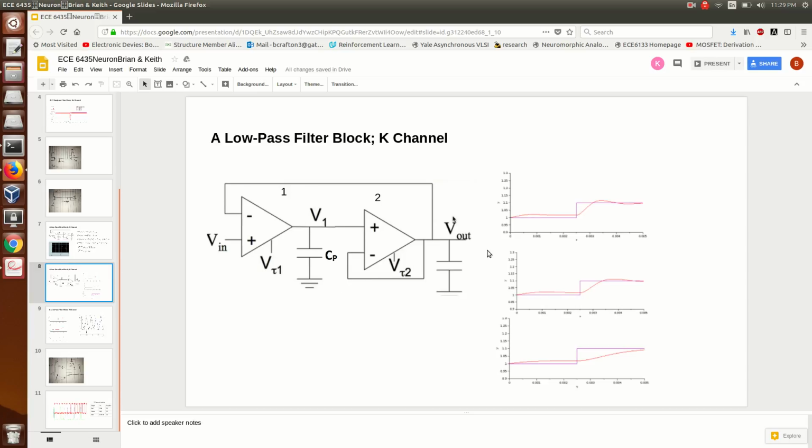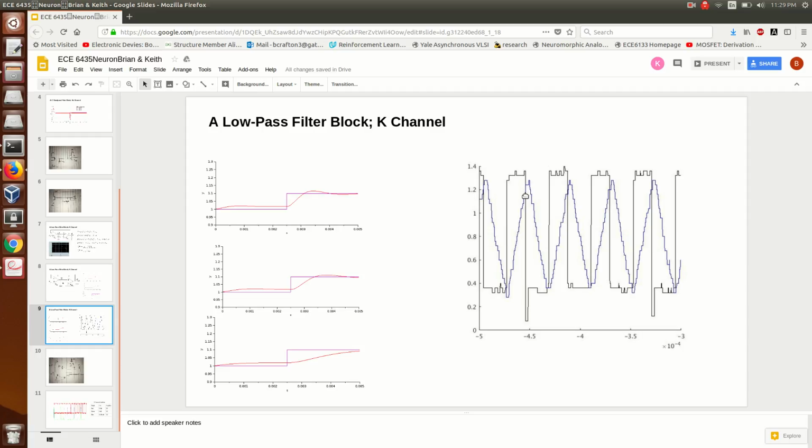In the previous lab, we saw that as we change this bias current from high to low, the response was slower for a lower bias current. And here's an example from the previous lab where the OTA lagged behind the step response because it was acting as a low pass filter.